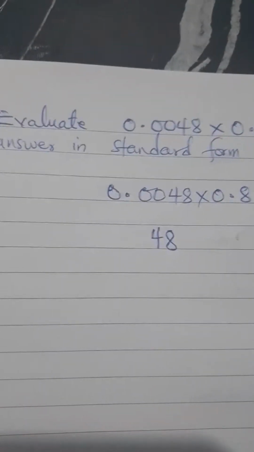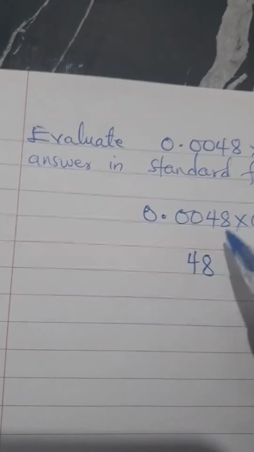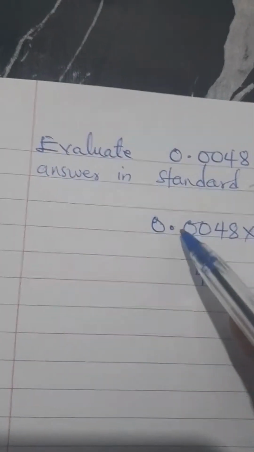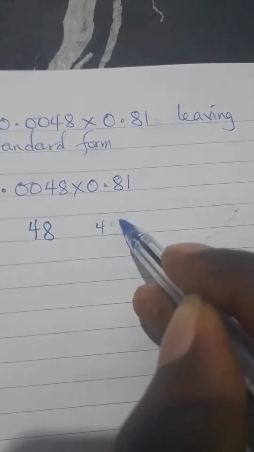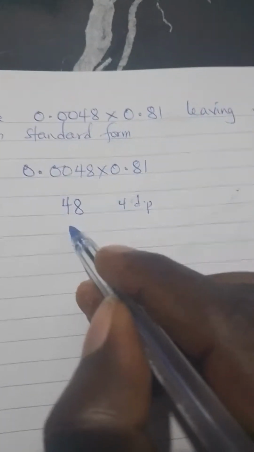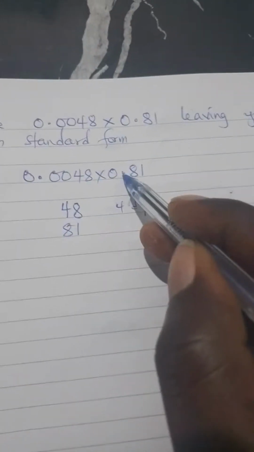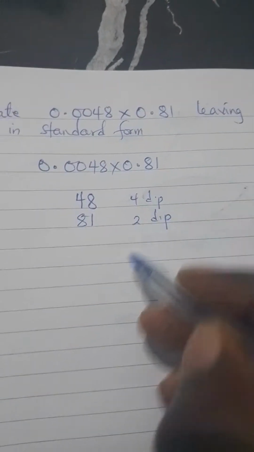Let's work it here. So here you are having 48. To get 48, you have 1, 2, 3, 4, so we are having 4 decimal places here. Then with this, to get 81, you have to shift it 2 times. So in all, we are having 6 decimal places.